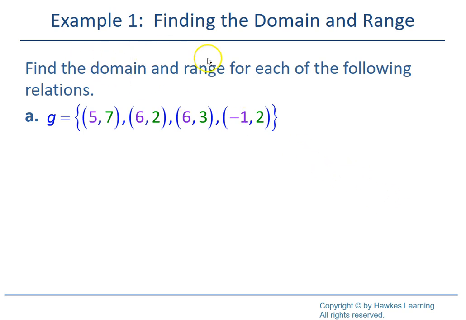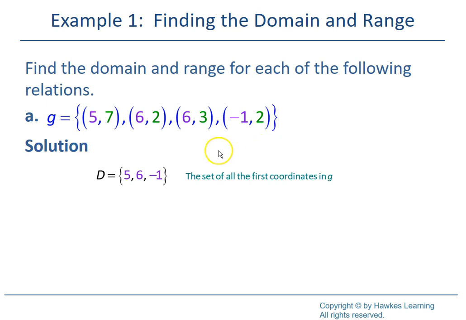So, find the domain and range of each of the following. Well, these are ordered pairs. So the ones in blue are the domain elements. The ones in green are the range elements. But notice the domain has a 6 and a 6, so when we write it, we don't repeat any elements that are repeated.